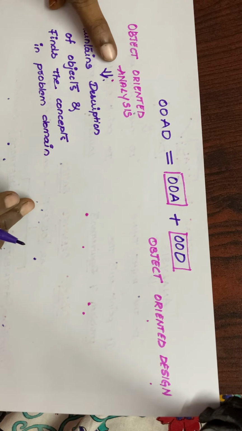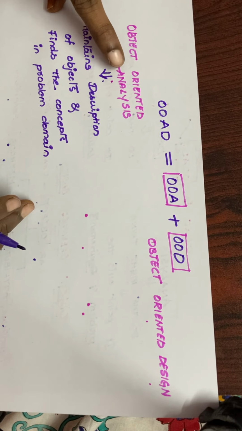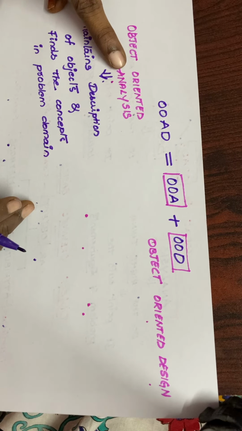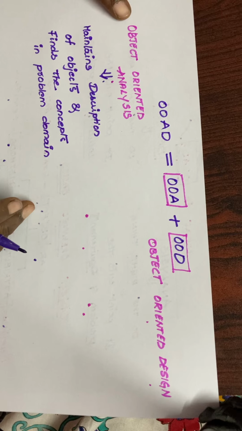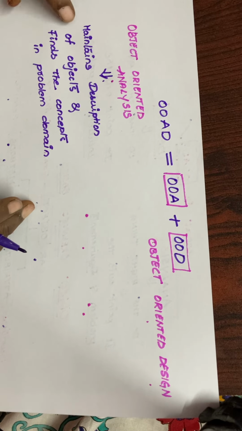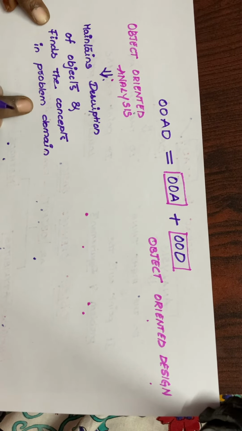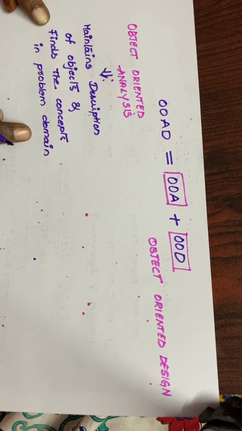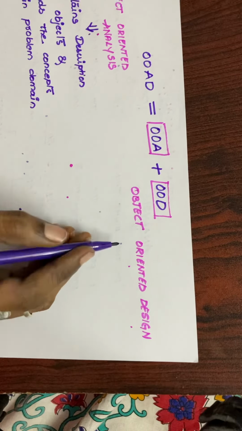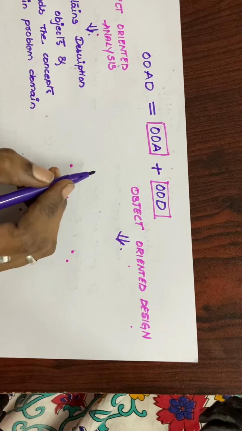In the previous part we discussed that analysis means we sort out what is the problem and what are the requirements. In object oriented analysis we do the same thing. We identify the description of objects and find the concepts regarding that problem domain, or problem area.